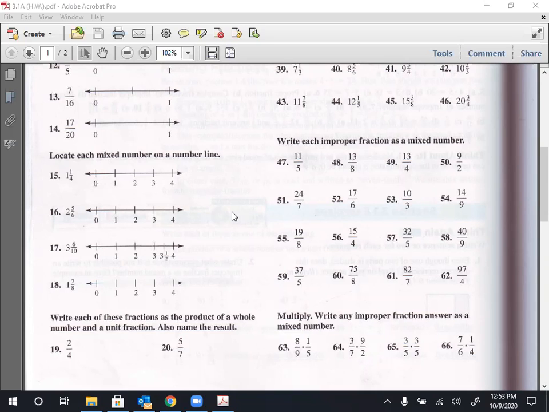So they have the numbers 0 to 4. Actually, this is 16, for example. 2 and 5/6. So you're going to mark 1, 2, 3, 4, and 5. Now, 2 and 5/6 is going to be between what two numbers?